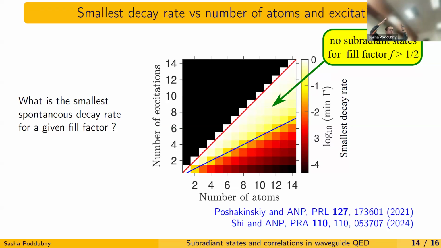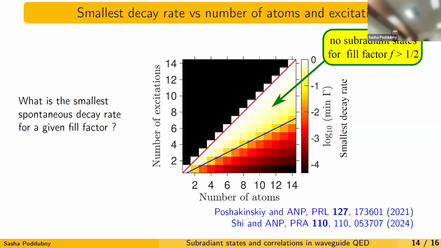So we find you have a lot of degrees of freedom. You have a lot of eigenstates. What is your darkest one? What you see is that here everything is bright, and here something is dark. So the finding is that you cannot have subradiant states in this model with fill factor above 1/2. And this is already not two atoms, so this is a big array. It's not so trivial a finding.